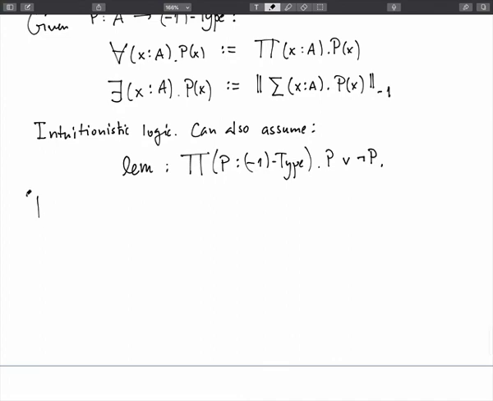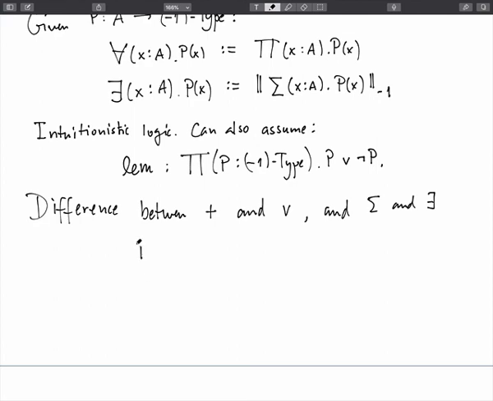The difference between plus and or, and between sigma and exists. To say P plus Q, what does it mean to have an element in here?